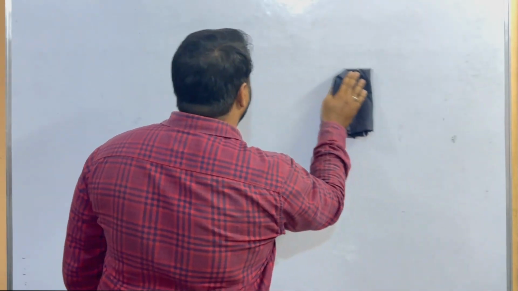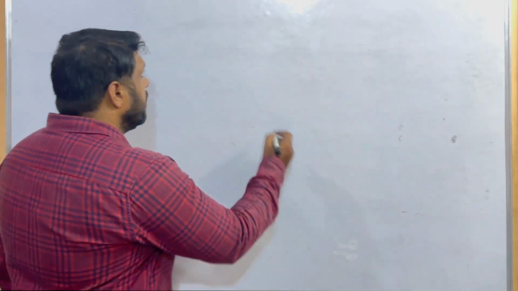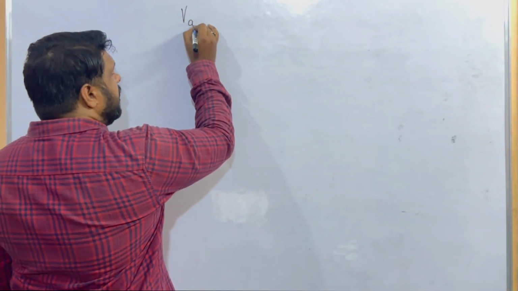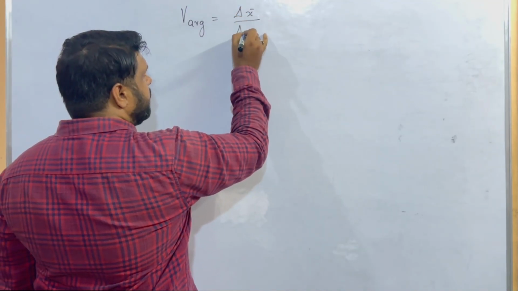Now when we talk about instantaneous velocity, what do we have to do? Like previously said, we have to talk about a particular instant. So far we have average velocity equal to del x by del t.